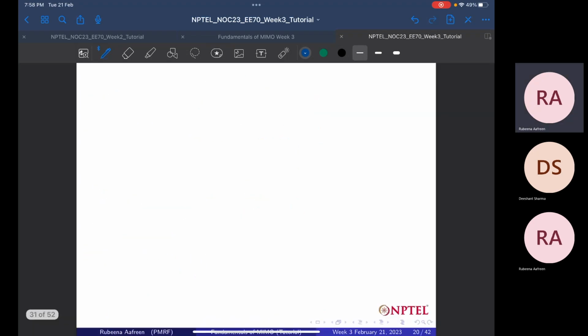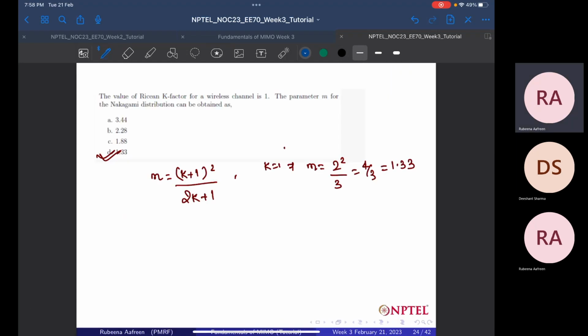I think we will be discussing more of it later. There is one concept that I would like to discuss, that is the level crossing rate.